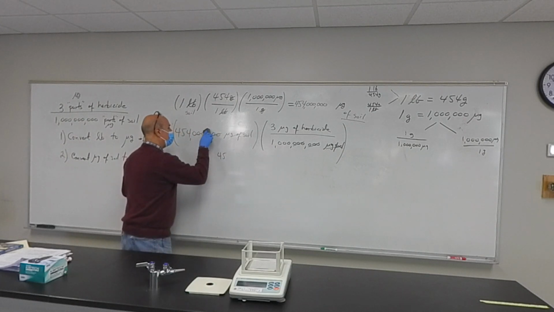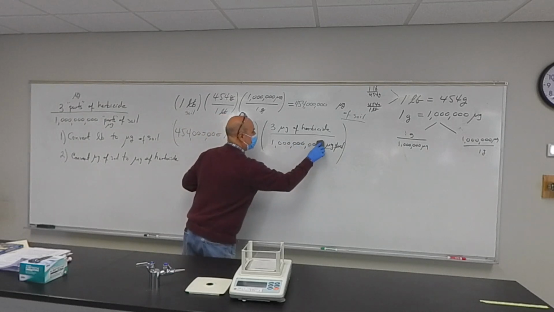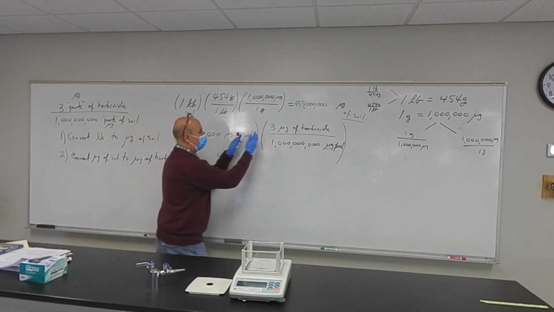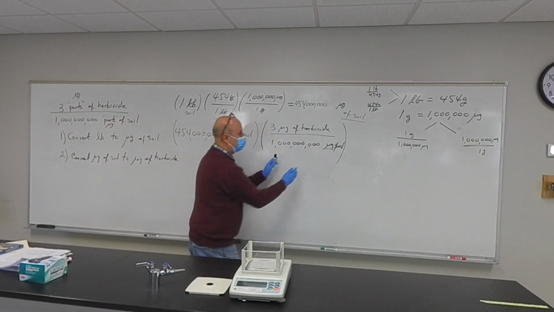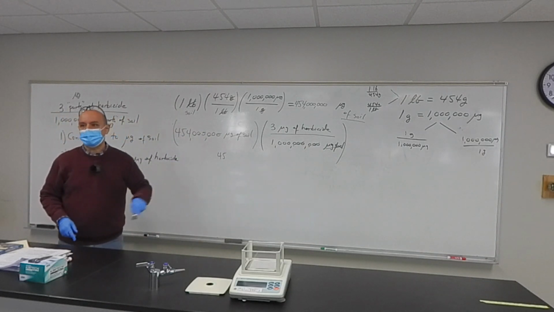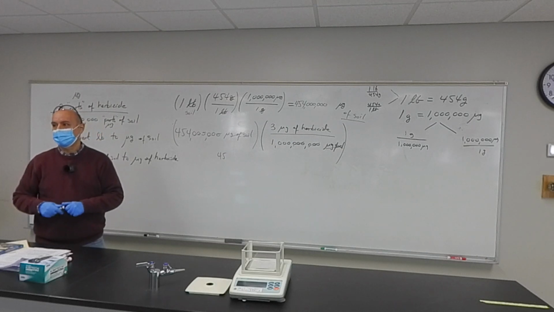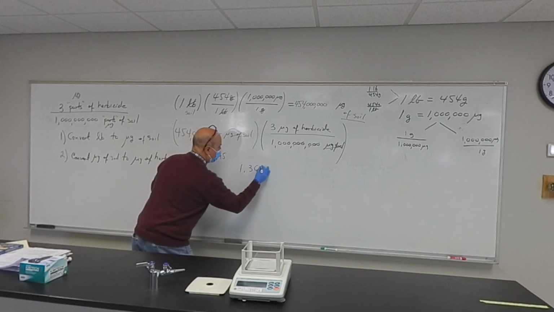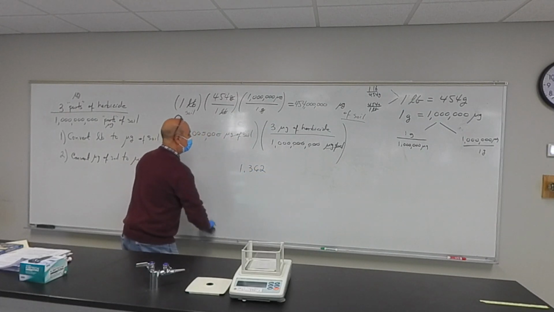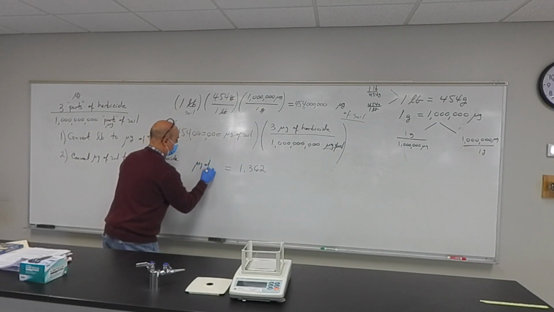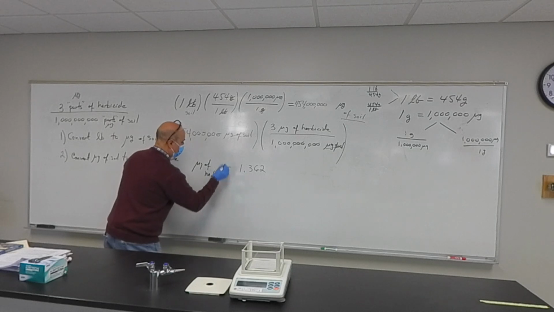The reality is that if you don't cancel the zeros, you're still going to get exactly the same answer. If you multiply 454 million by 3 and divide by 1 billion, it's the same as 454 times 3 divided by 1,000. Same thing. 1.362 is the final answer. Micrograms of herbicide.